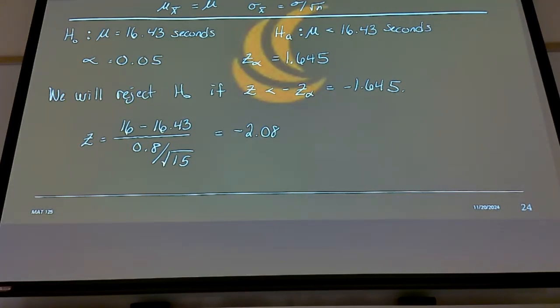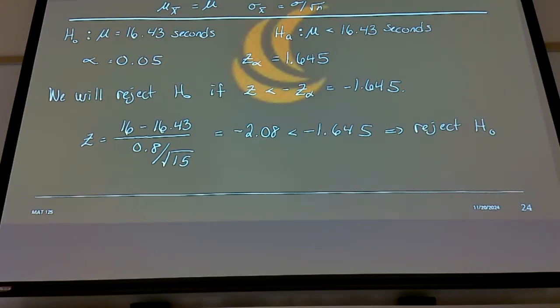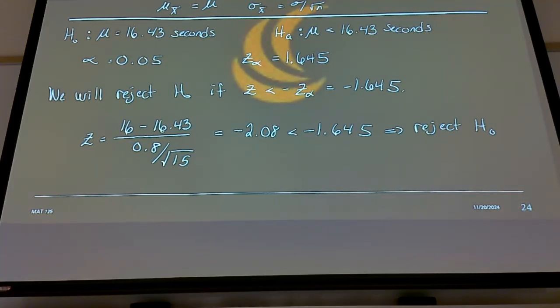Would that be facing more towards the right or the left side? Yeah, that is less than negative 1.645, which means we reject the null hypothesis.